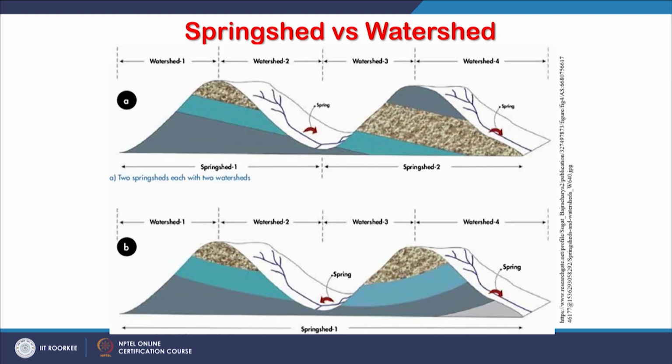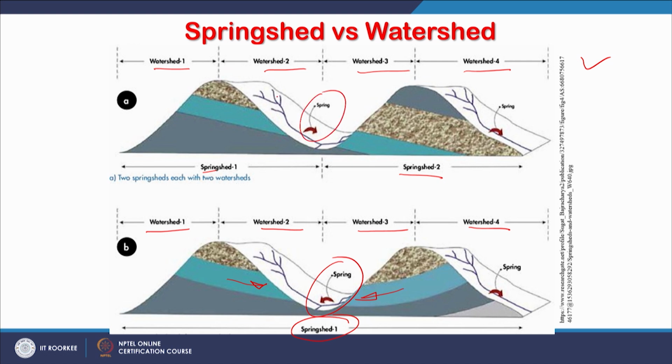Now, there are 2 examples here of different geological setups. The top one is the one which we have just discussed, that 4 watersheds are here and 2 springsheds are here. Whereas, in the bottom figure, or figure B, we are seeing the same 4 watersheds, but the springshed is only 1, because the rocks are now dipping towards the east here and towards the west here, and therefore, they are creating a spring in between also.